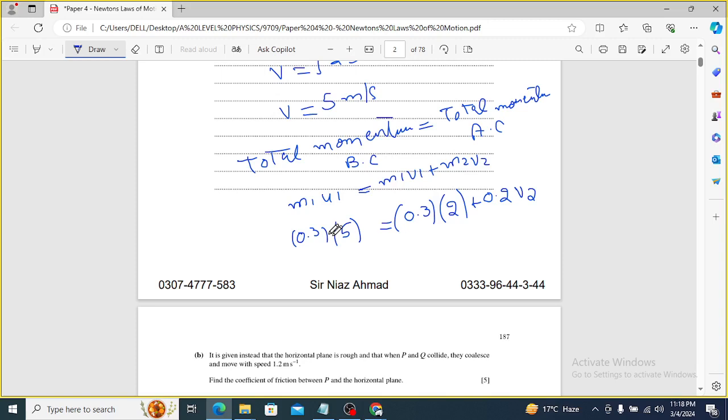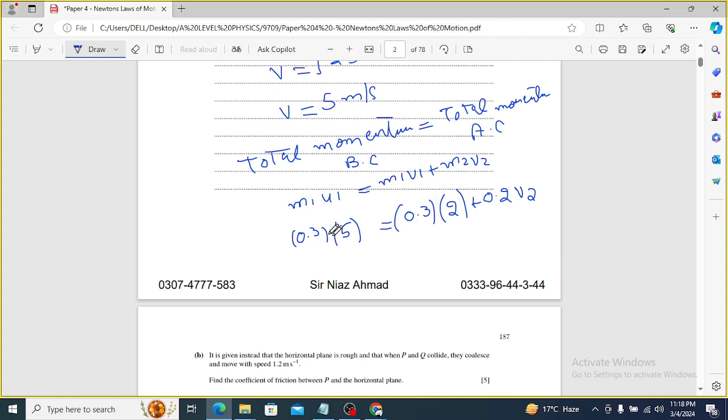Get the answer from the right hand side as well. It's 0.6 plus 0.2 v2. So 0.2 v2 equals 1.5 minus 0.6, which is 0.9.